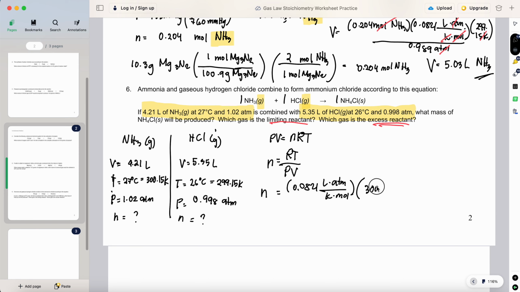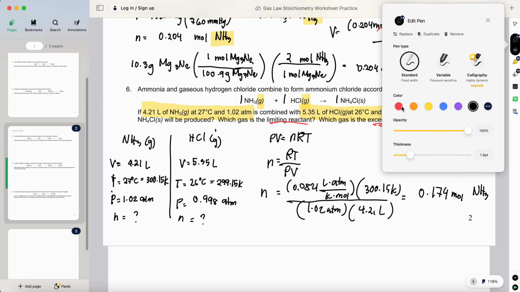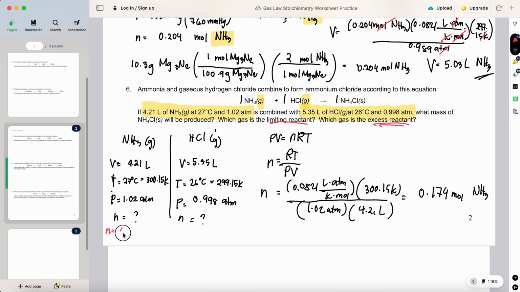T is 300.15 Kelvin, P is 1.02 ATM, and V is 4.21 L. So your n is 0.174 mole of NH3.